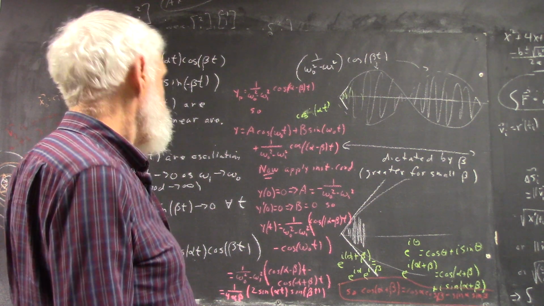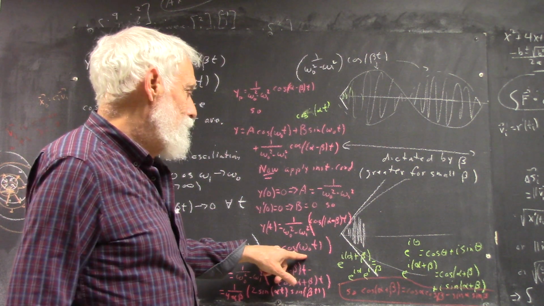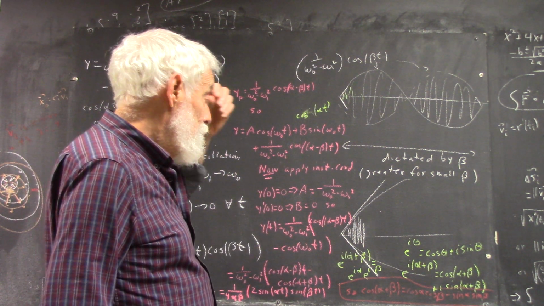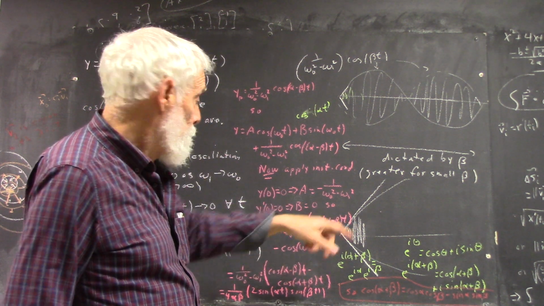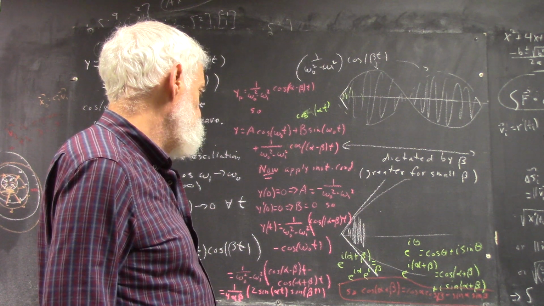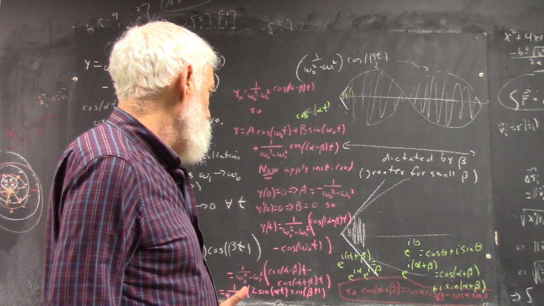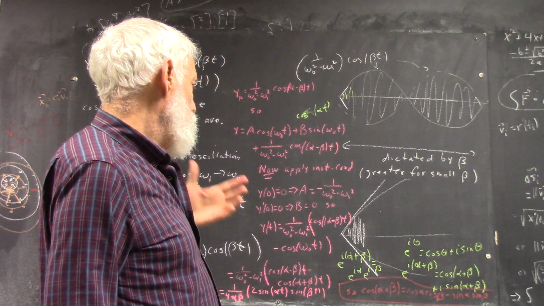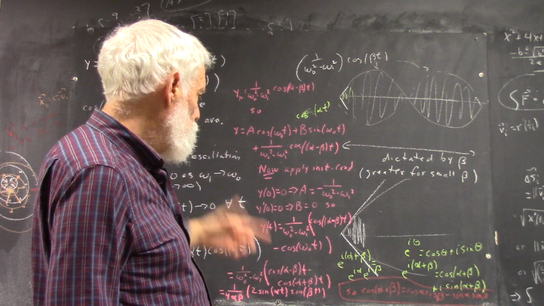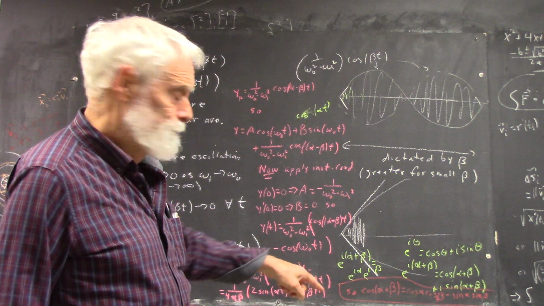Now, omega 1 is alpha minus beta. And if that's the case, then omega 2 has to be alpha plus beta.